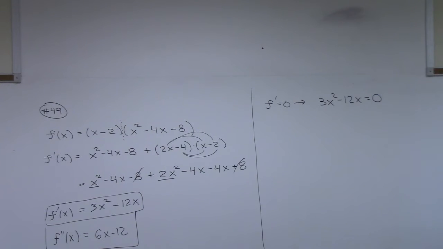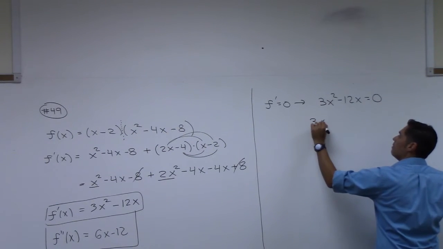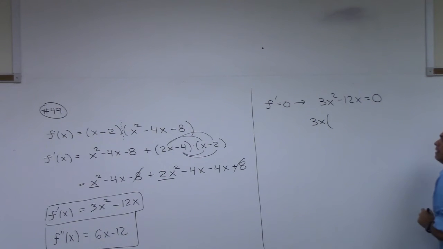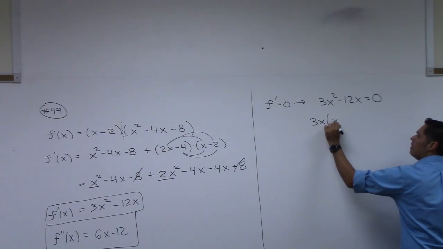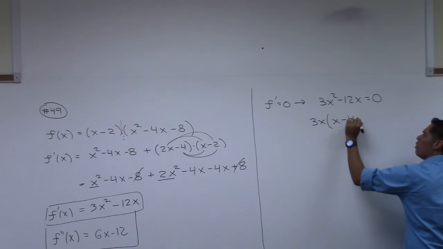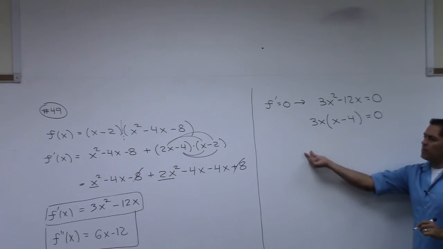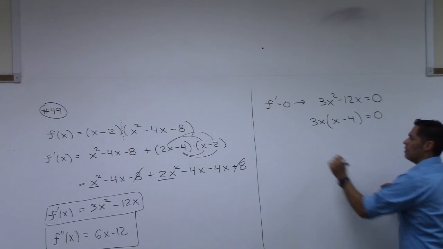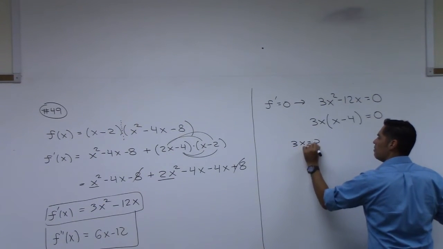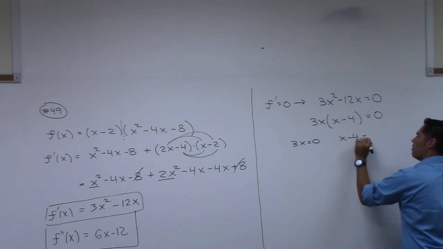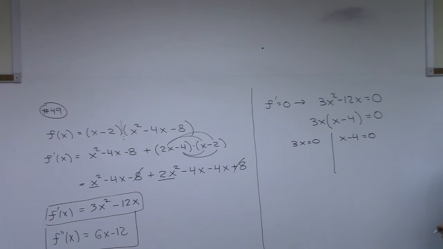You can factor out the x. A 3x. How about that? 3x, and we'll be left with x minus 4. And now we set each of these factors equal to 0. So 3x equals 0, x minus 4 equals 0, and we have to solve both of those equations.